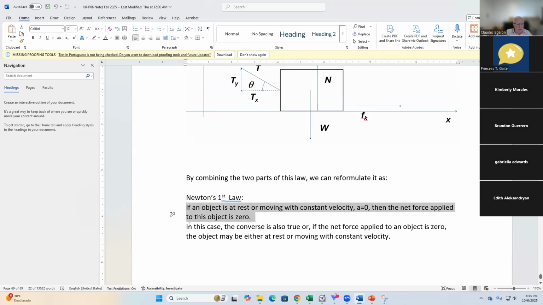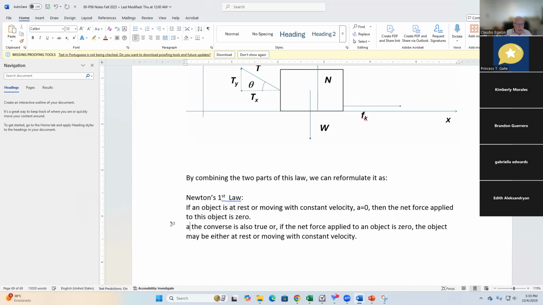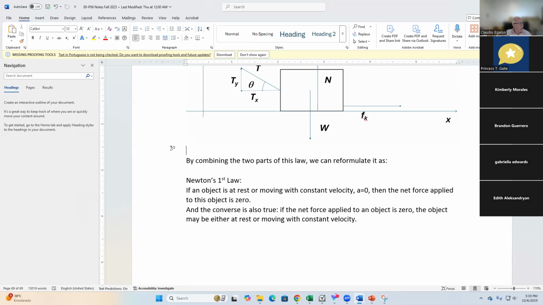And the converse is also true. If the net force applied to an object is zero, the object will be either at rest or moving with constant velocity. It's going to be either one or the other. So that's how we formulate Newton's first law of motion.